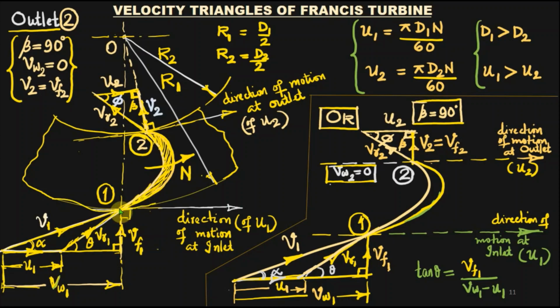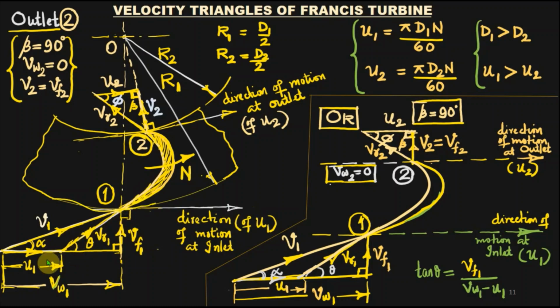at inlet. Remember, tangential to the blade surface at inlet, not tangential to the runner at inlet. Tangential to the runner at inlet is the direction of u1, and this is tangential to the blade surface at inlet.